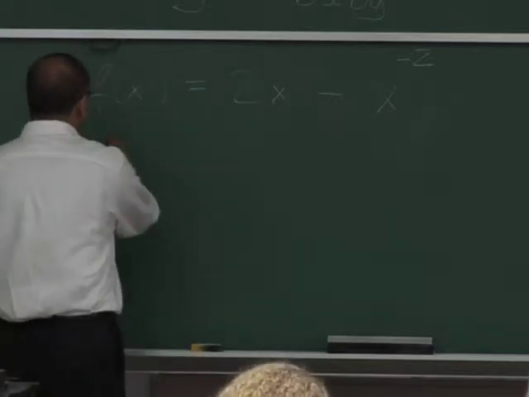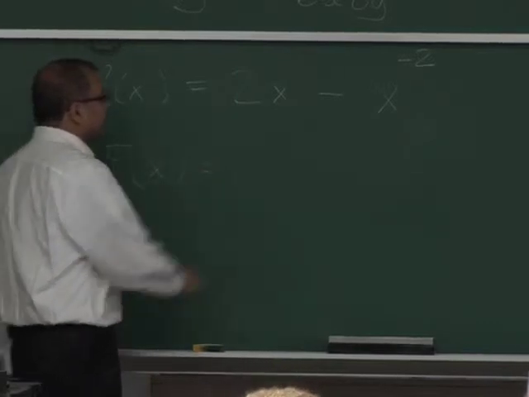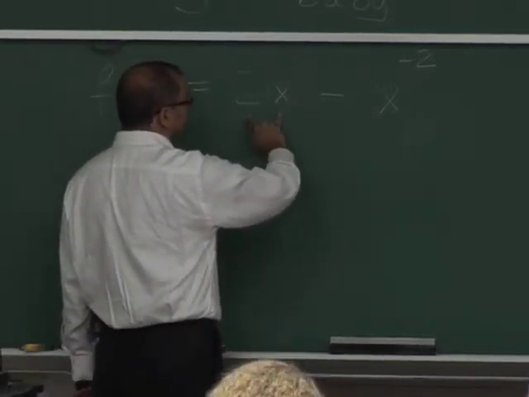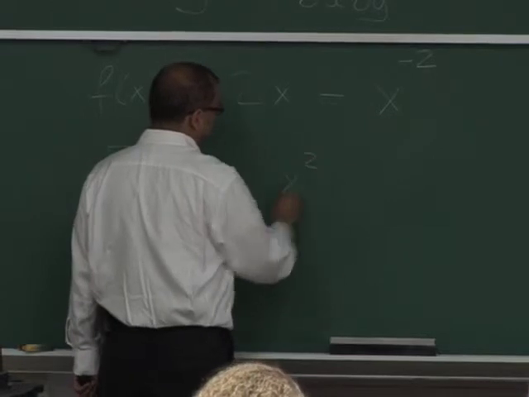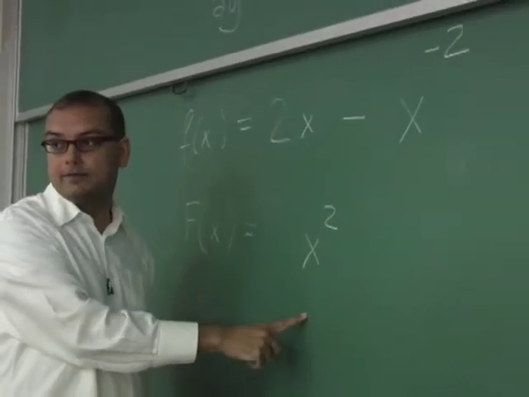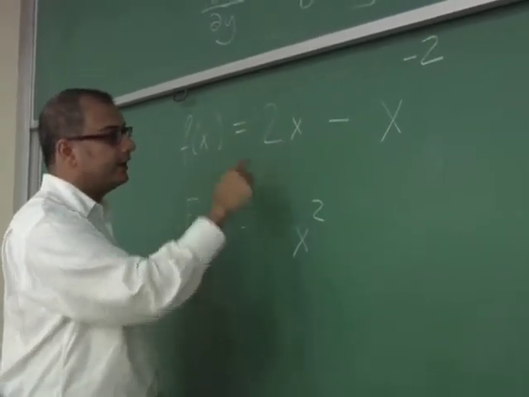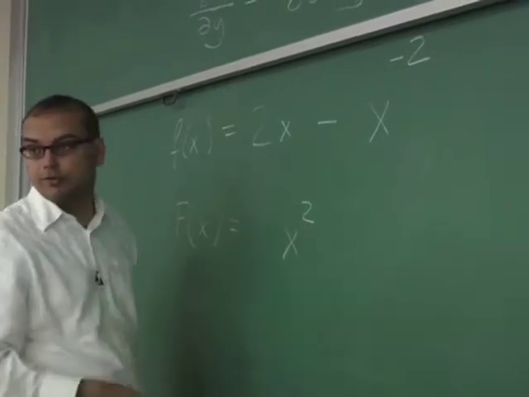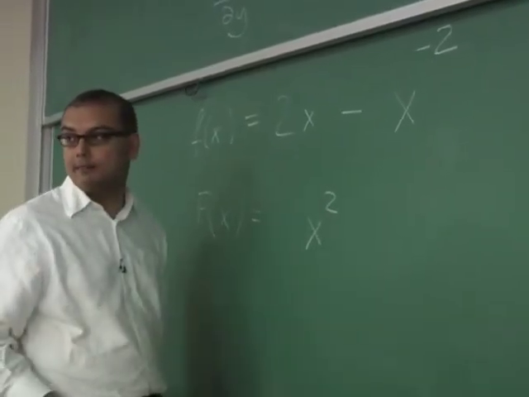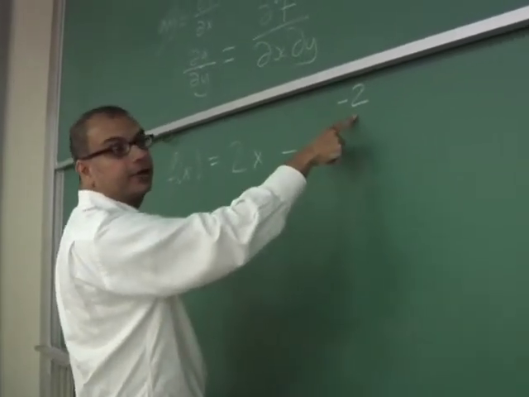And so what is f of x? Well, the 2x was what? Just x squared, right? So I raised the exponent by 1 and then divided this 2 by this 2, so I end up with a 1 here. And then here, I'm going to raise the exponent by 1.